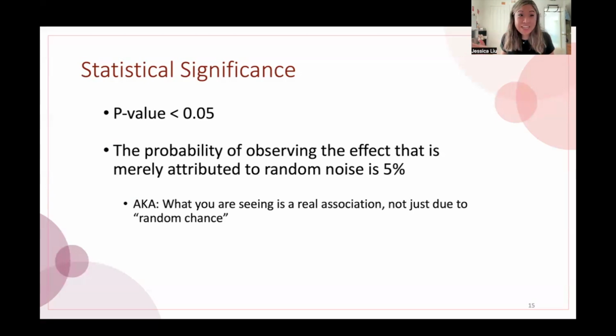Now, what does a p-value of 0.05 mean? It means that the probability of observing that effect, that odds ratio, merely due to random noise or randomness in general, is only 5%.